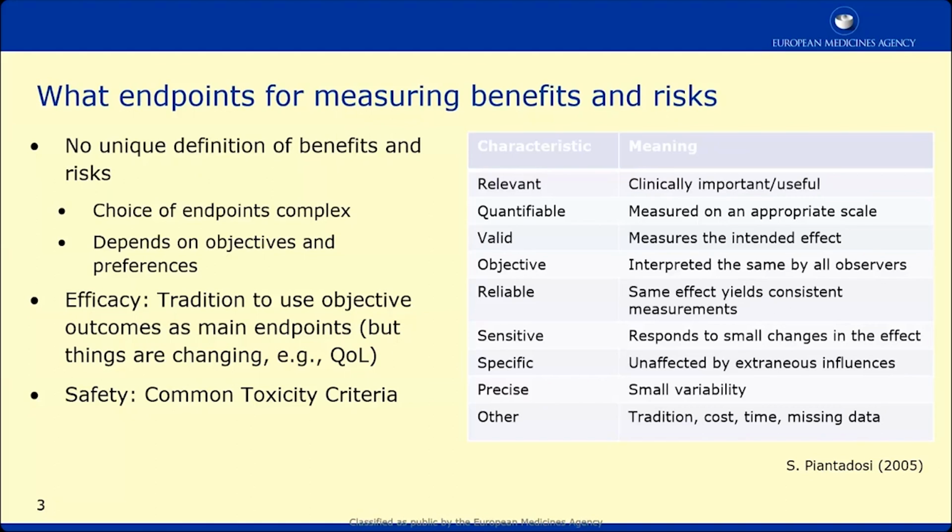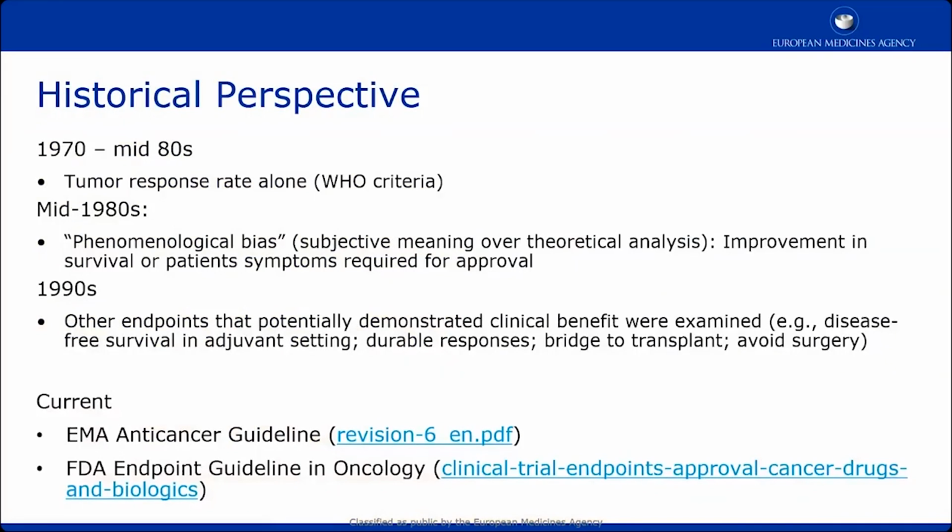So far from trivial a topic, it's actually one of the most controversial topics and most interesting I find in drug regulation, because it goes down really to the essence of what we want to do, what this is all about.